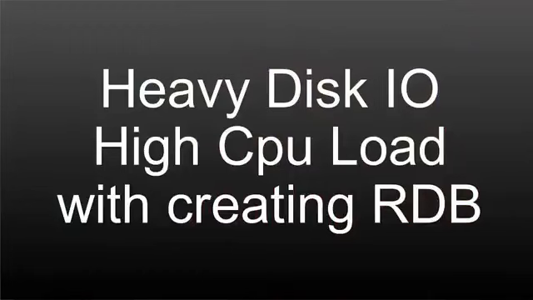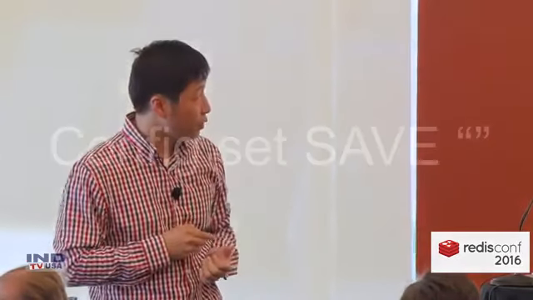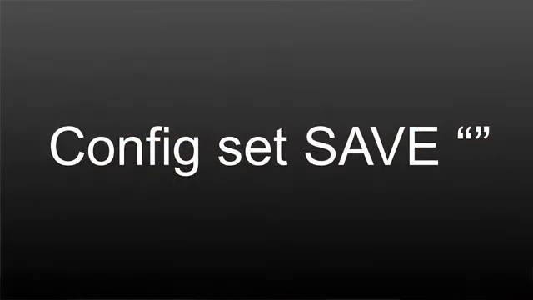Actually this occurs frequently, so you can check this. Creating an RDB and AOF rewrite cause heavy disk I/O and high CPU load, and sometimes high network bandwidth usage. So you can easily turn it off with config set save with double quotes.